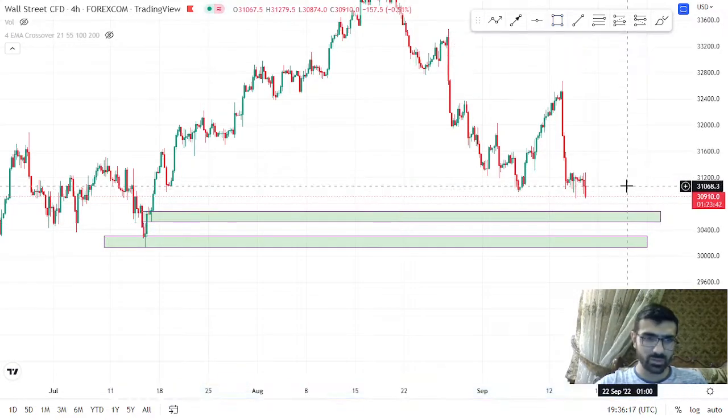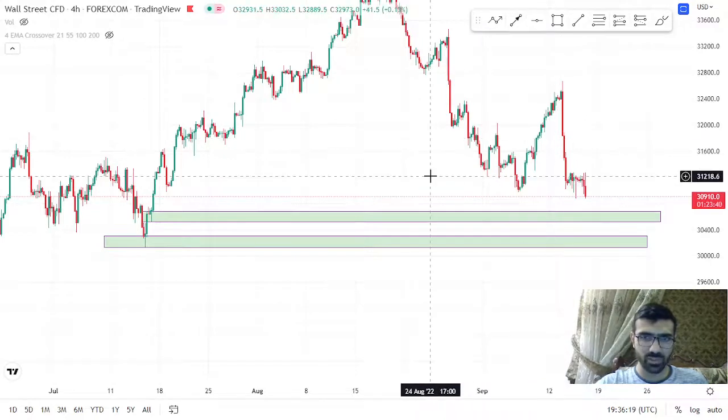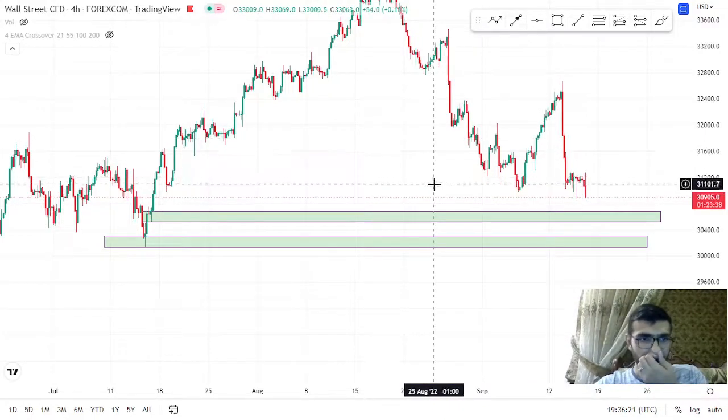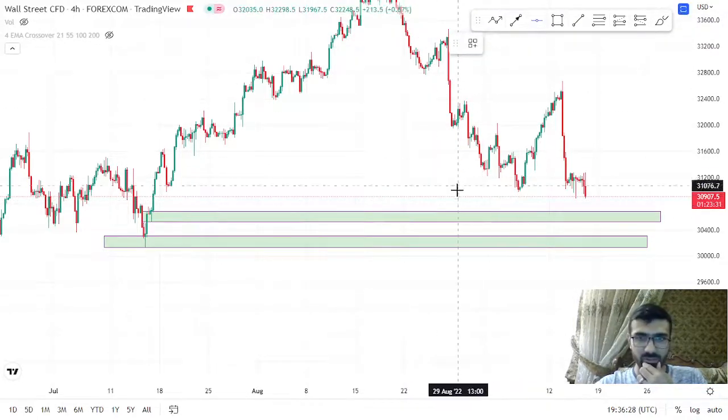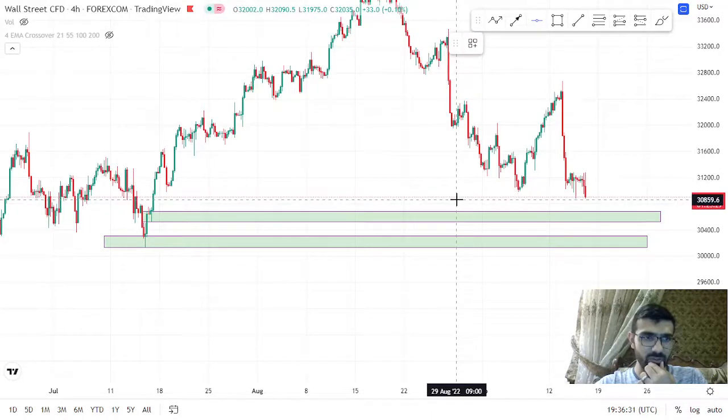Okay, so these are the two areas which are really close by, and you guys can clearly see that this area is also an area of support, which is this area.